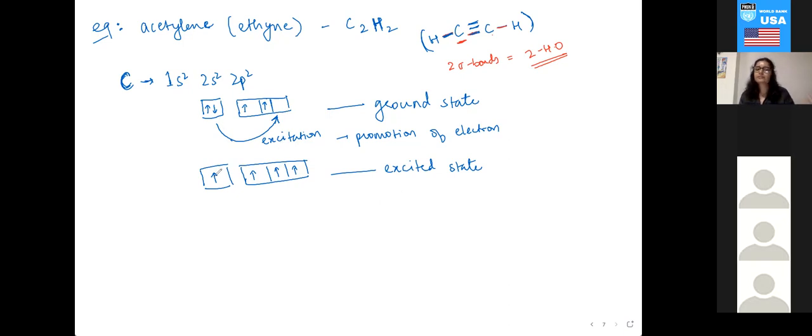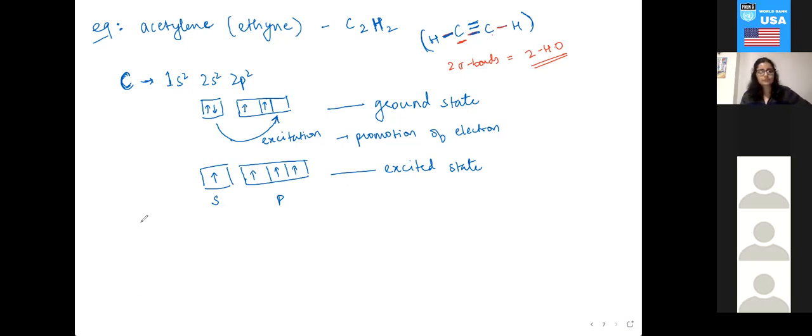So now they're ready for bonding, to get another electron in them. If you come across a situation where that is not necessary, then excitation will not take place. Okay, so this is the excited state. Here also it's there as individual S and P electrons. Then hybridization will take place.